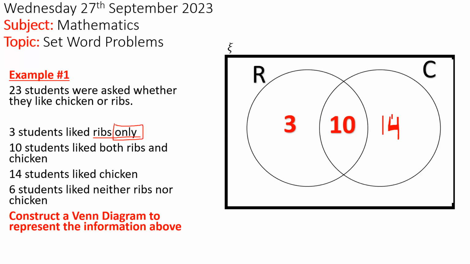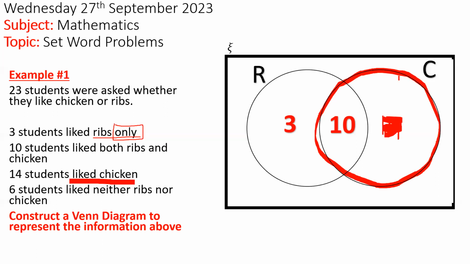See what I'm saying? They say 14 students like chicken. So when you add chicken only and the intersection, you're supposed to get 14. That's why we say 4. You understand what I'm saying? Yes, sir. So the answer here is definitely 4. Please be careful with that.